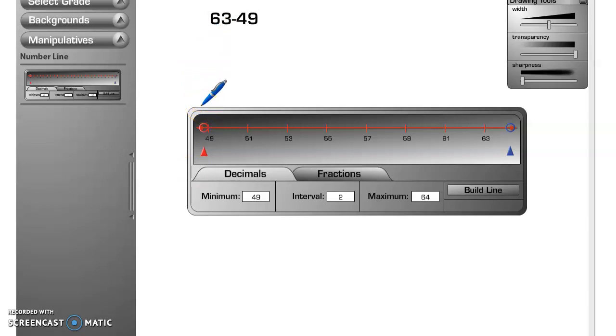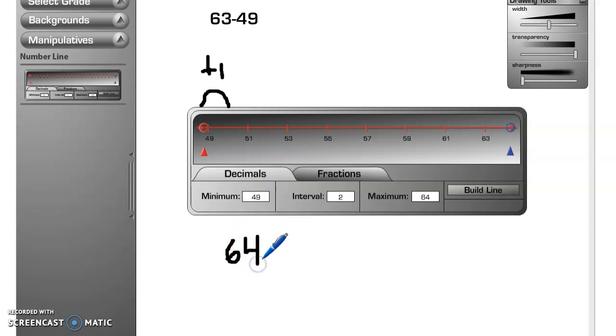So I know that if I need to make 49 an easier number, 50 is right next to it. So I'm going to do 50 right here, and I'm going to have plus 1 because 49 plus 1 equals 50. Next, I'm going to make the 63 into a 64 because I added 1 to the 49, so I need to add 1 to the 63.